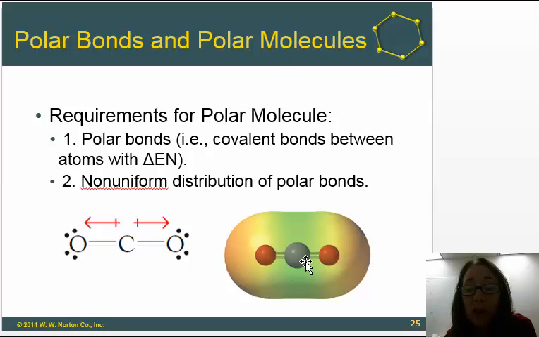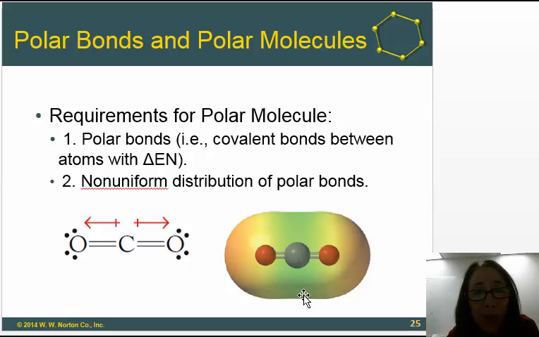You may see throughout your chemical career these color-coded shadings of electron density. Electron density is highest where it is red and lowest where it is green. So this graphic here shows a high level of electron density on the oxygens and low level on the carbon, showing that the bonds are in fact polar.